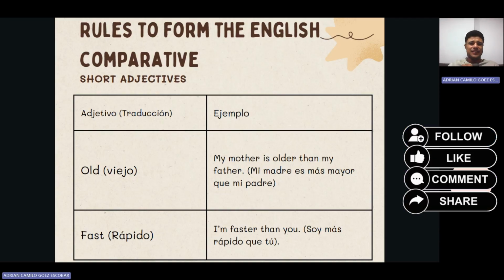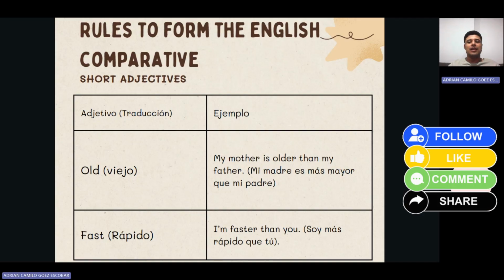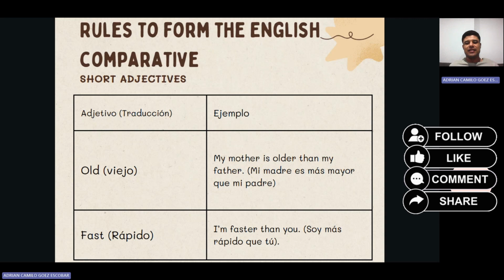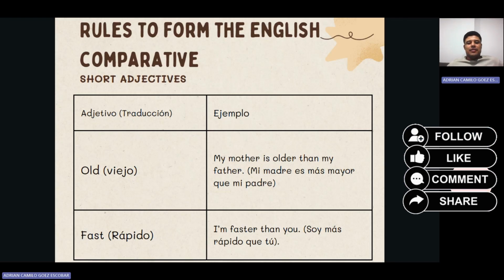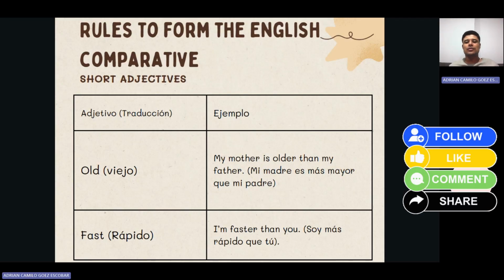When adjectives end in y, this rule applies to two-syllable adjectives ending in y: the y is changed to i before adding "er". In the case of consonant, vowel, consonant adjectives, if the adjective ends with the pattern consonant, vowel, consonant, and has a short vowel sound, the last consonant is doubled before adding "er".